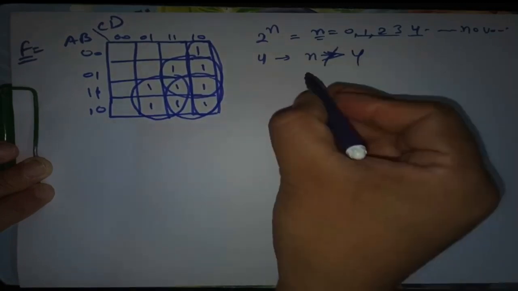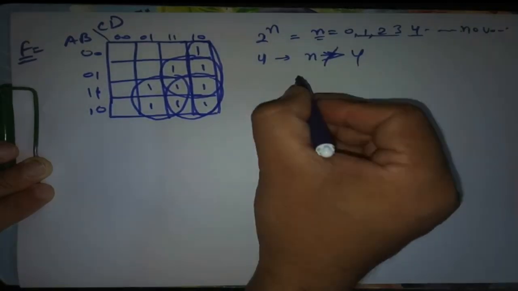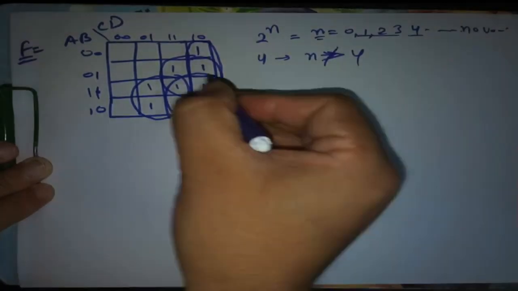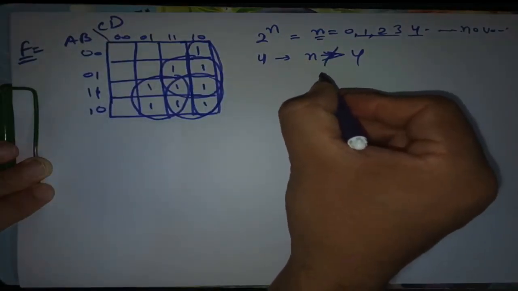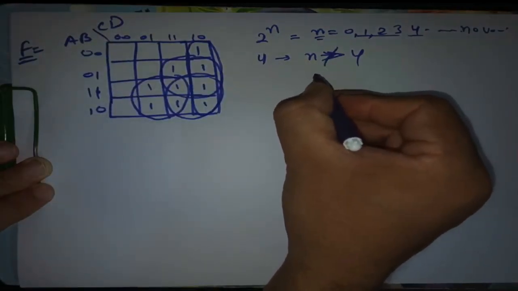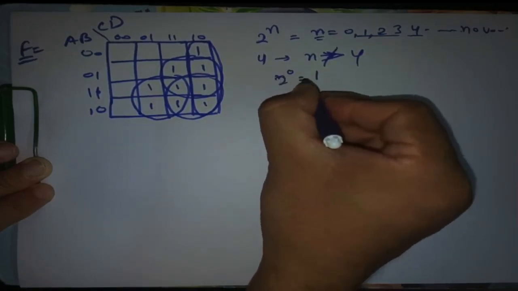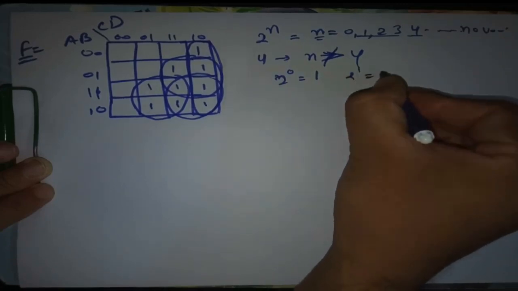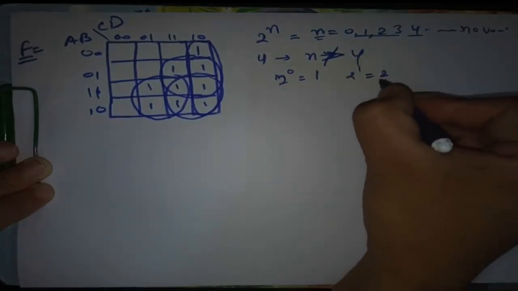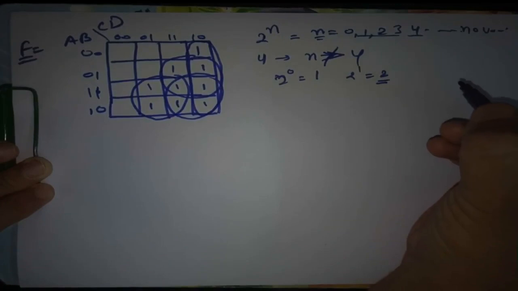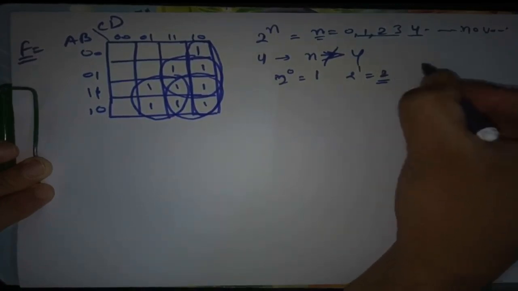If we create a group in a four variable K-map, we can create a group of 1, that is 2 to the power 0, or 2 to the power 1, that is 2. That means we can create a group of two min terms or two adjacent cells.